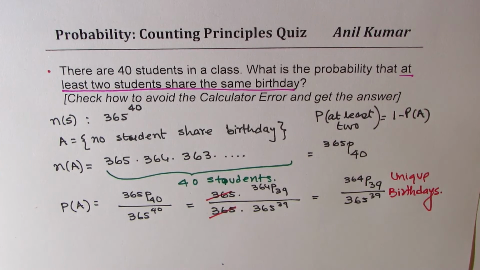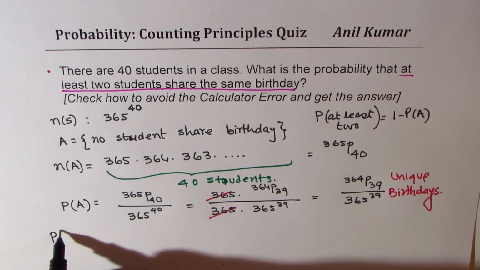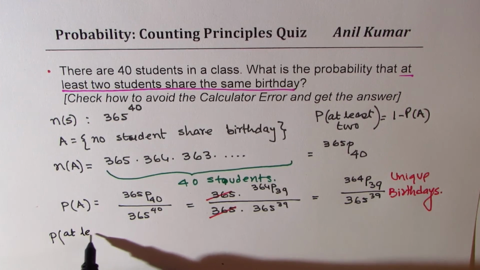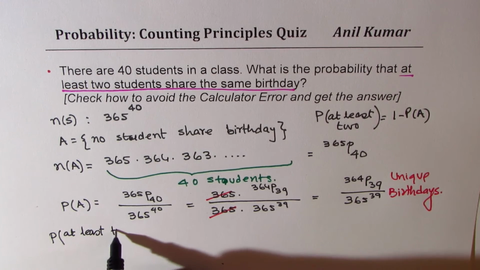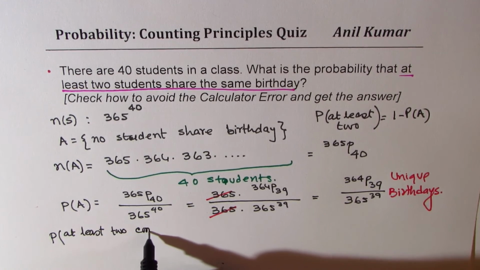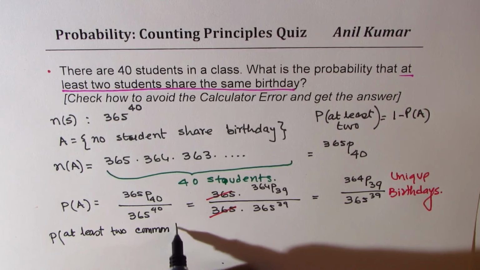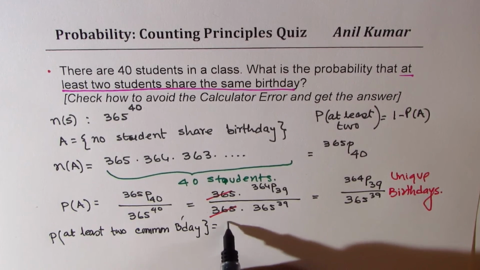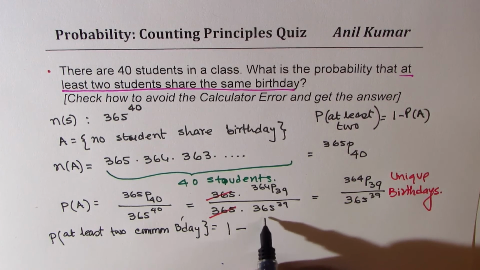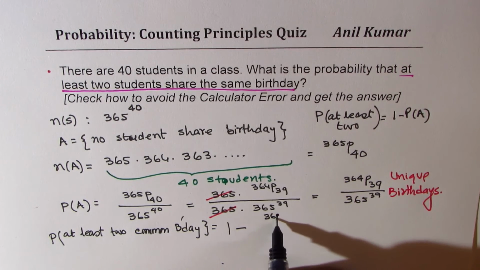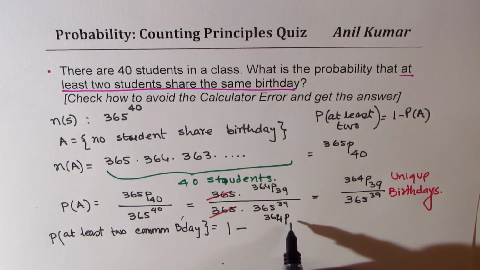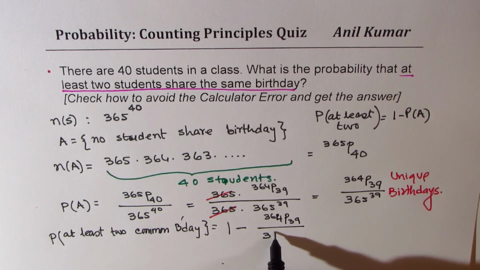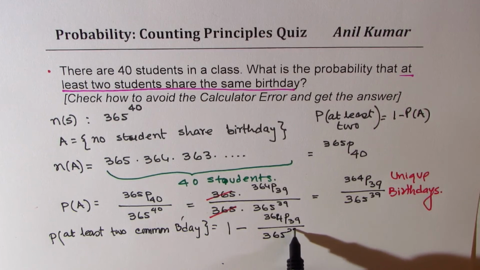So let's find our answer. That is the probability of at least 2 common birthday, which is 1 minus all this, which is 364 P 39 over 365 to the power of 39, right?